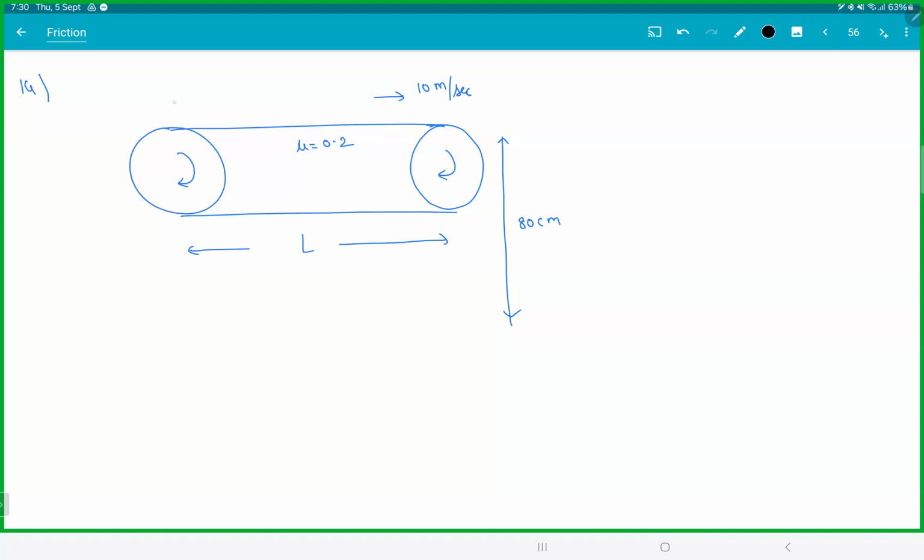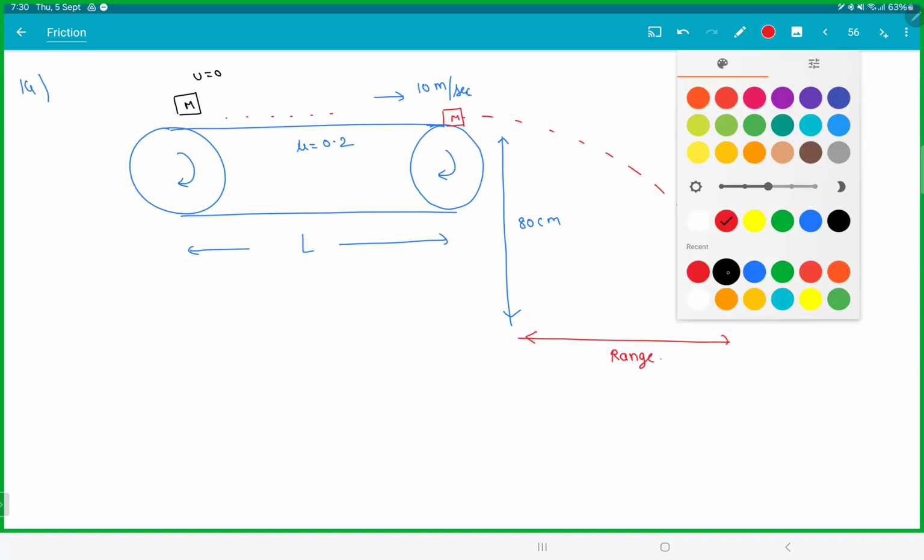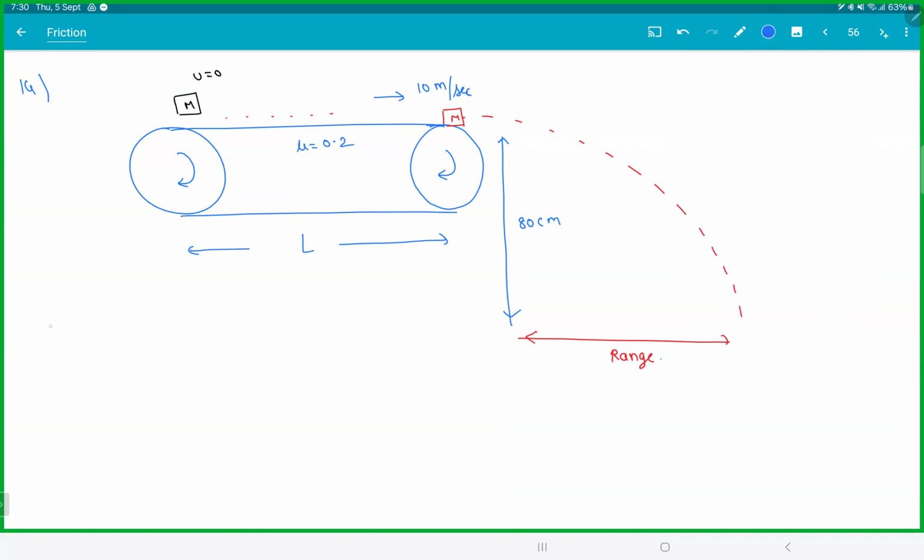Now what you did, you took a block of mass M, initially at rest, and gently dropped it on the belt. Then this block started sliding. And when it came to this corner, it went away and fell on the ground. This is your range. So block M is gently placed on the conveyor belt.